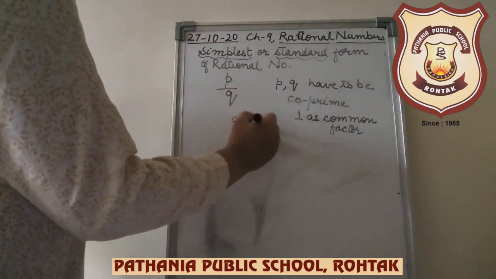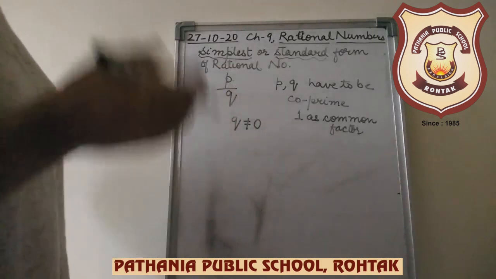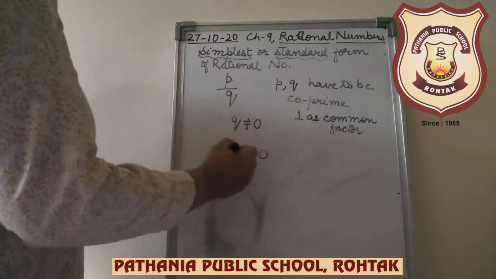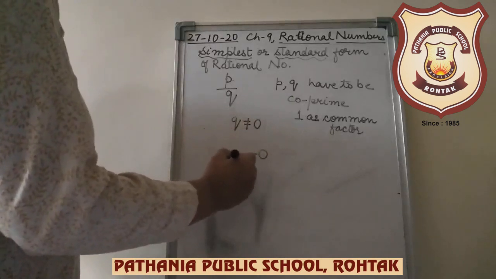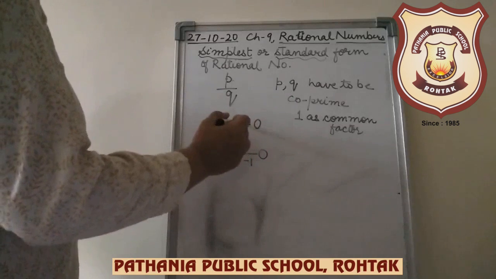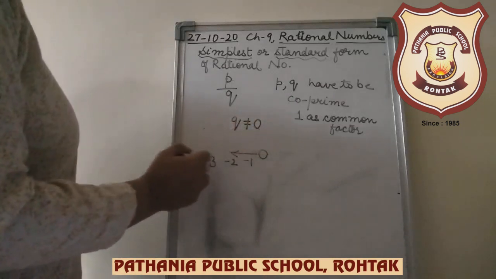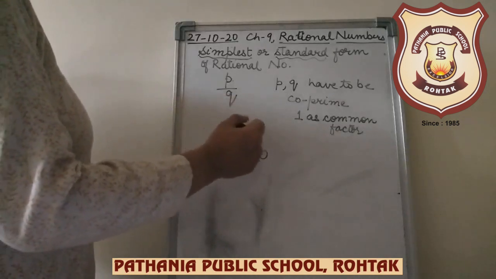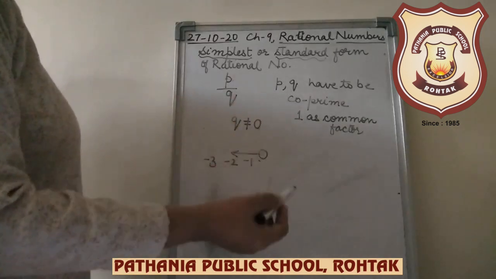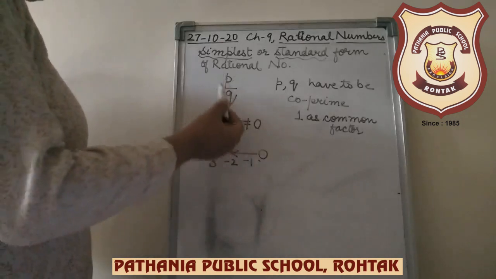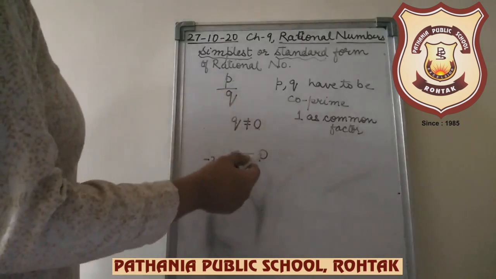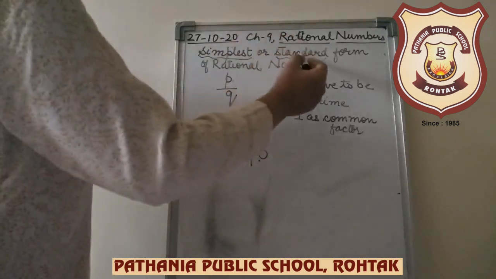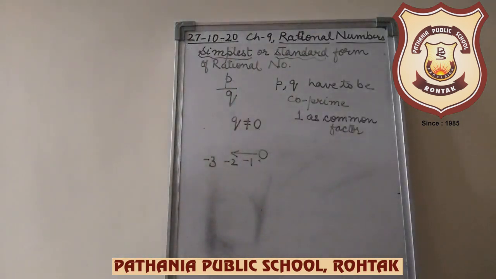Q is not equal to 0 means below 0, if I move to left hand side, all the values are negative. So Q cannot be, and these are less than 0. So if Q is not equal to 0, we are saying in the definition, then Q cannot be of any negative value when we have to write in standard form.